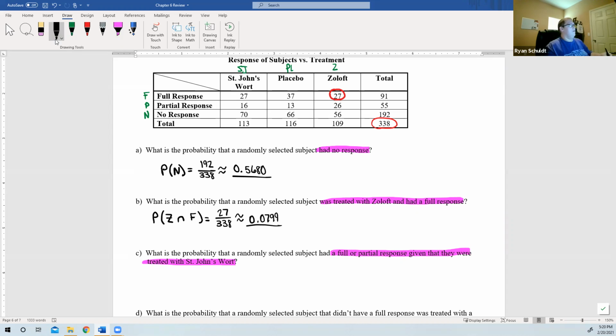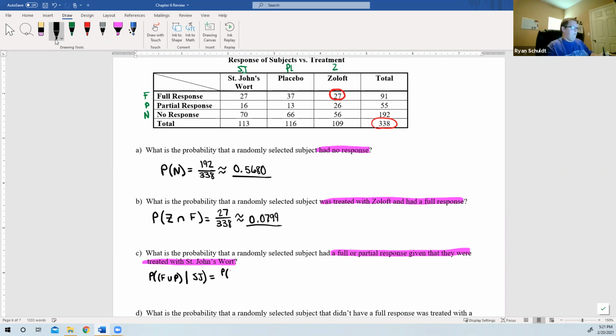Okay, so they want the probability of a full or partial given St. John's. So we're going to have to use conditional probability.